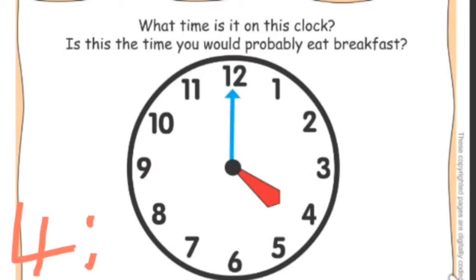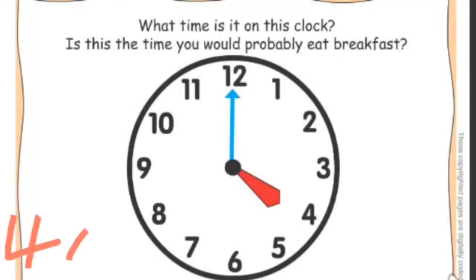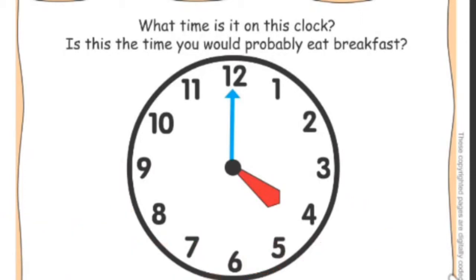O'clock, which is 00. So I can write it like this, or I can just say the time is 4 o'clock. I will spell my clock out. Good. CLOCK. So what's the time? The time is 4 o'clock. Clap for yourself. Alright, let's move on to the next example.